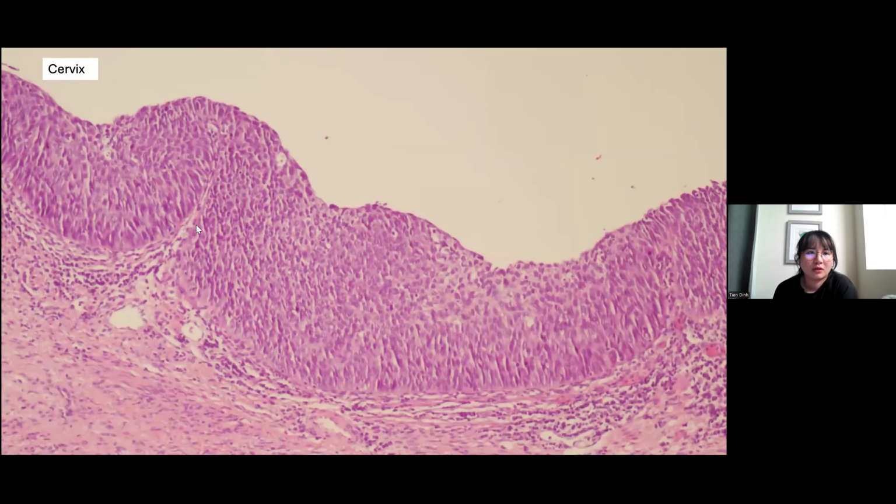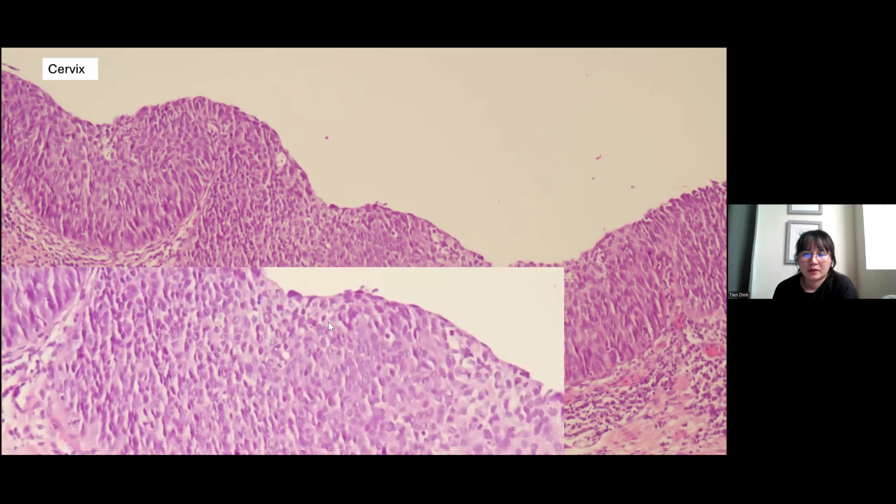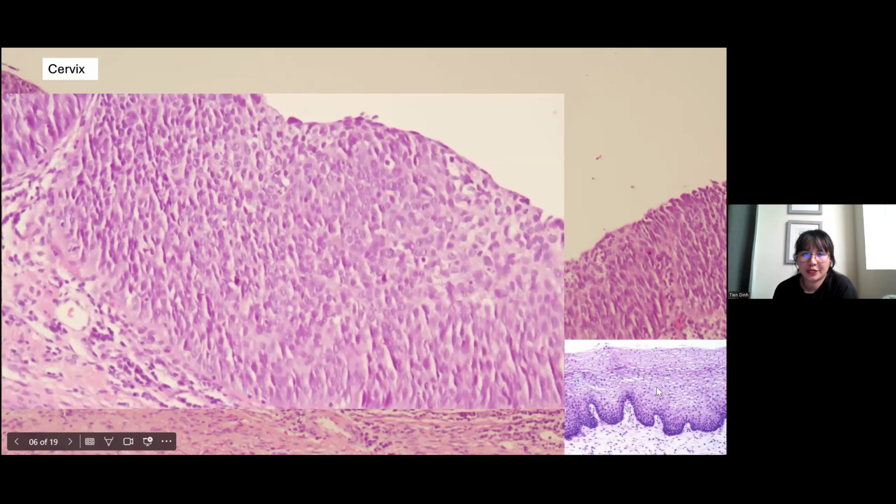To look a little closer at the cervix, we can see clearly a very smooth border of the epithelium, and also there's no maturation in her squamous layer. Compared to the normal cervix over here, we can see that the nuclei here are overlapping each other and have a very high N/C ratio.